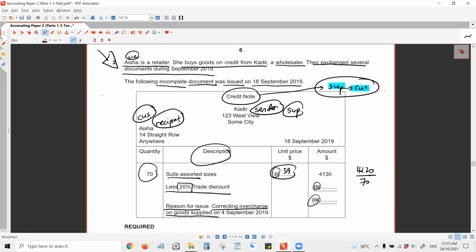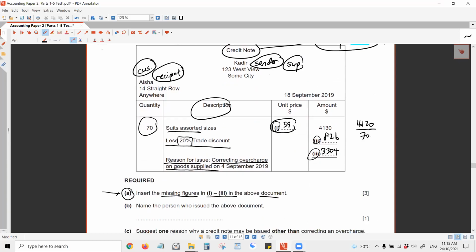Sometimes they want you to find the percentage, sometimes they let you find the figure of discount. So 4130 times 20%, 826. Less means minus. So 4130 minus the 826. You should get 3304 here. Simple, yeah. This is not difficult.